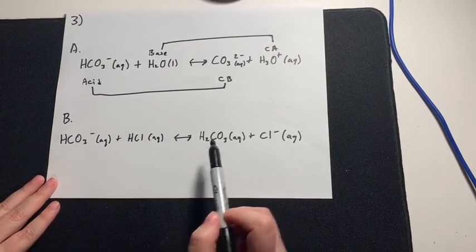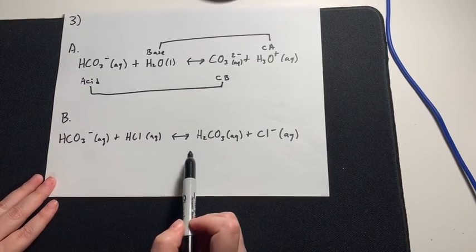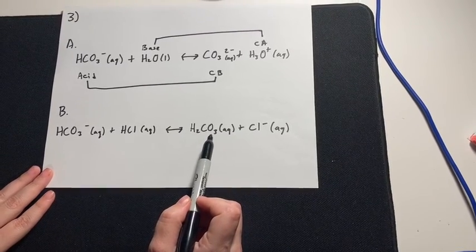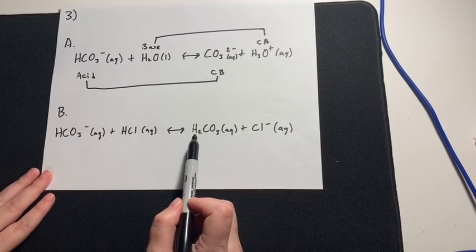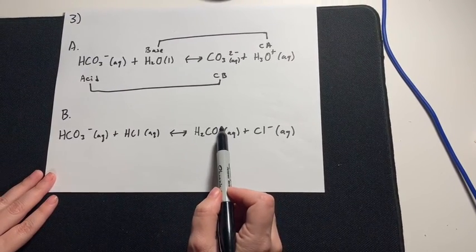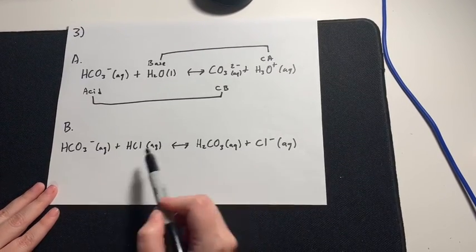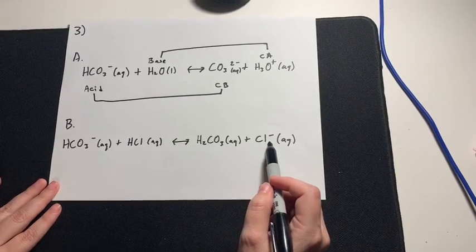And so for the HCO3 with a negative charge, we now see an H2CO3. So it looks like it gained a hydrogen along with a positive charge. Versus here under the HCl, it looks like we lost a hydrogen along with the positive charge.